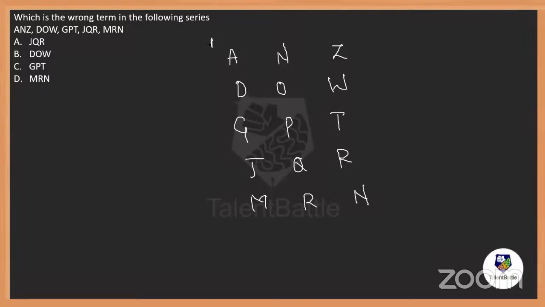As per alphabetical order, A is 1, N is 14, Z is 26. In the same manner, D is 4, O is 15, W is 23. G is 7, P is 16, T is 20. J is 10, Q is 17, R is 18. M is 13, R is 18, N is 14.